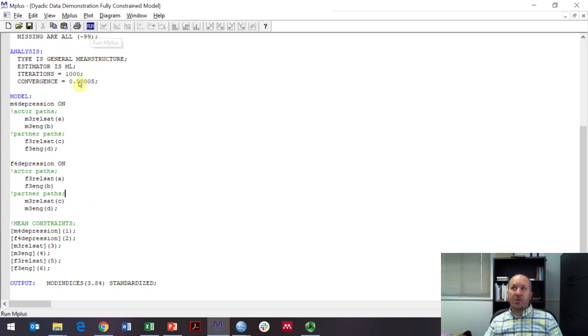So I'm ready to go ahead and run this. I have my constraints all done, and I'm really hoping that I have a significant chi-squared, because that would mean the models are significantly different from each other, which therefore means my dyads are significantly different and they are distinguishable.